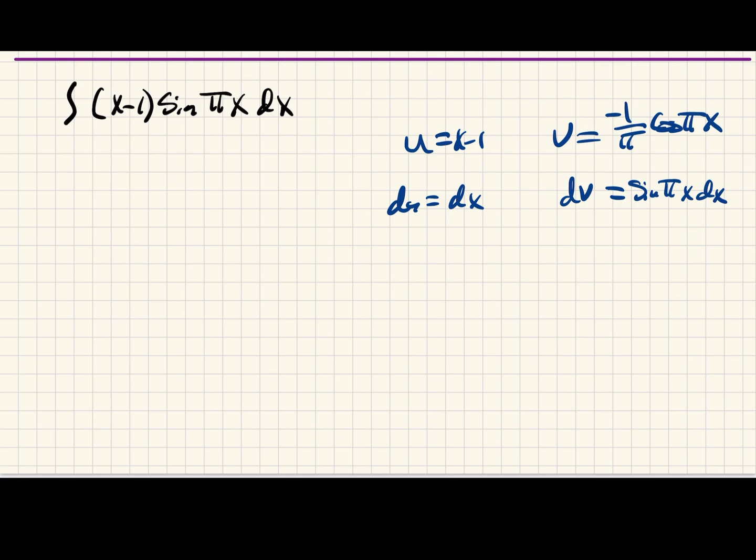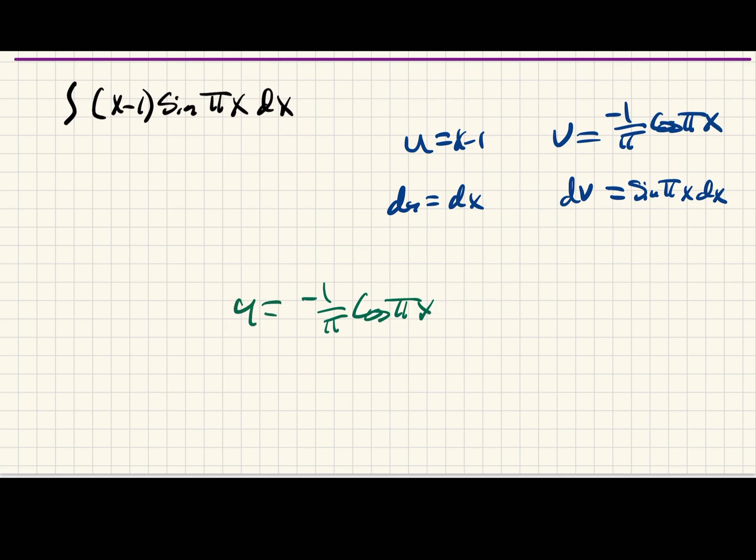Right? Find the derivative of that to convince yourself. So if I have minus 1 over pi cosine pi x, and I want to find the derivative of that, well, let's see, I have a minus 1 over pi.